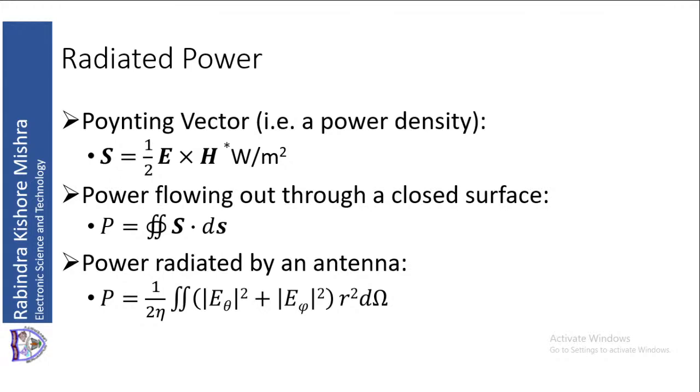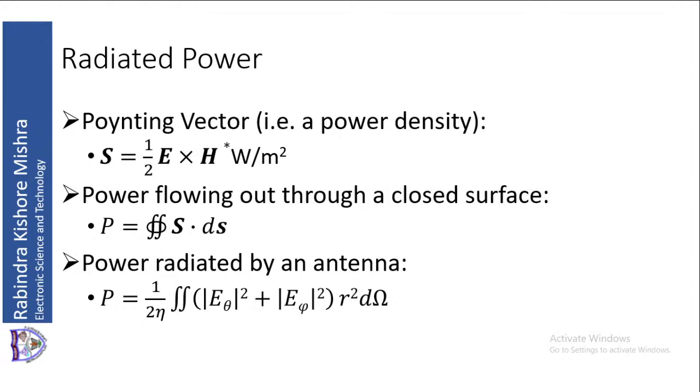Now for E cross E star by eta, we consider the two components, that is |E theta|^2 plus |E phi|^2. This we have discussed in the electromagnetic class, therefore I am not going into this. The 1 by 2 comes from the half term, and the eta term comes because H is equal to E by eta. The mod term comes because we are considering E cross H star, that is E cross E star.